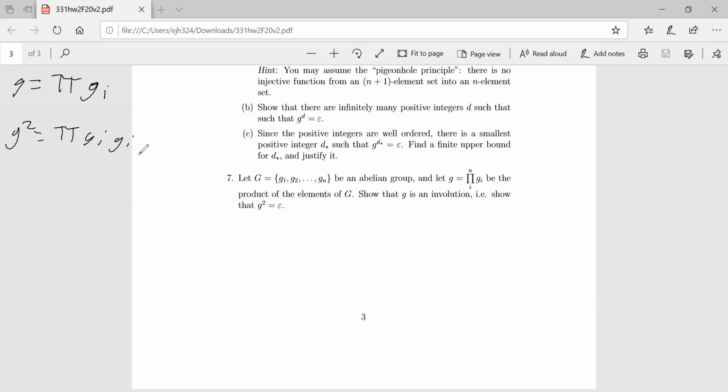So the core here is, for all GI in G, GI inverse is equal to GI, or GI inverse is equal to GJ, J not equal to I, right?